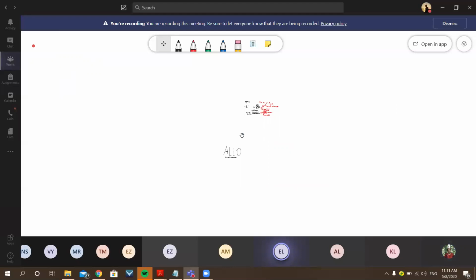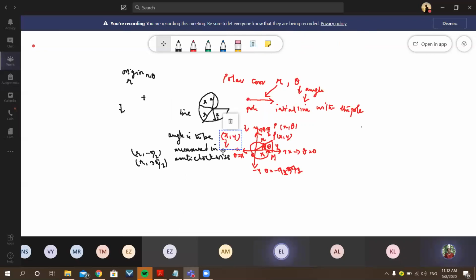I want to draw the point P(3, minus pi by 6). Just now we have drawn P(3, pi by 4), isn't it? P(3, pi by 6), is it?